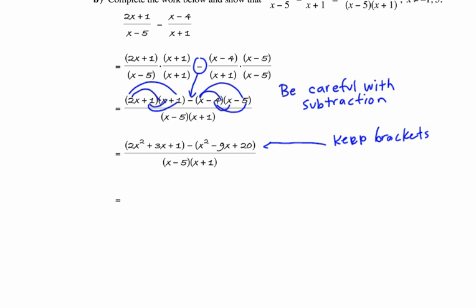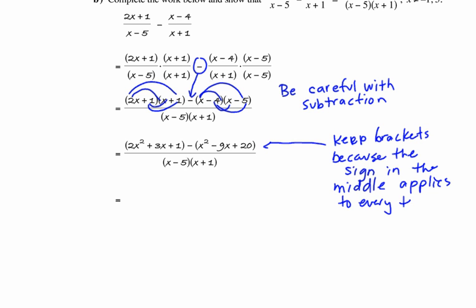They FOILed it out. And so keep the brackets because the sign in the middle, I like how you said that, Kristen, the sign in the middle applies to every term in the second binomial or trinomial.